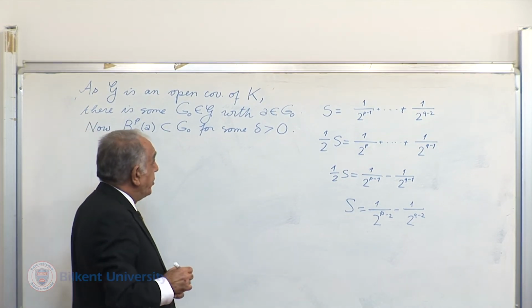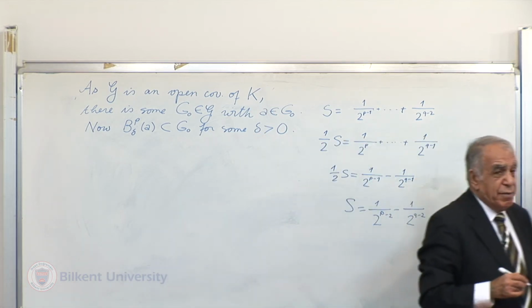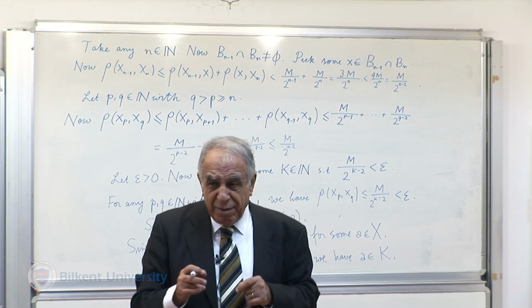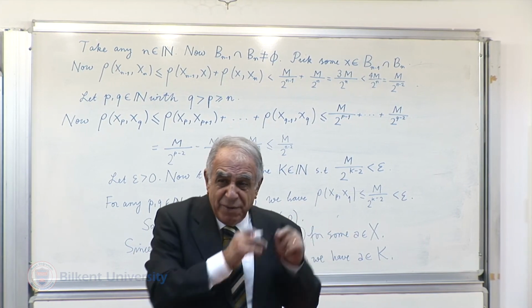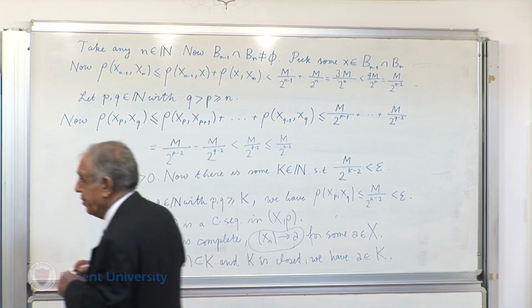Now, we have two convergences, and we have delta, so let's have half of delta for one convergence and the other half for the other convergence.